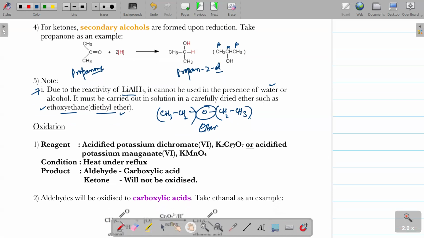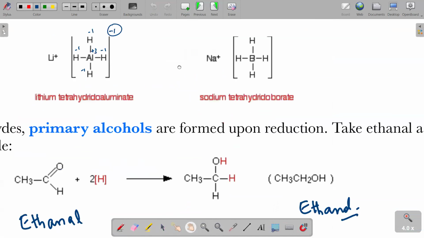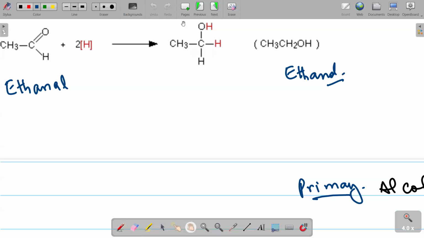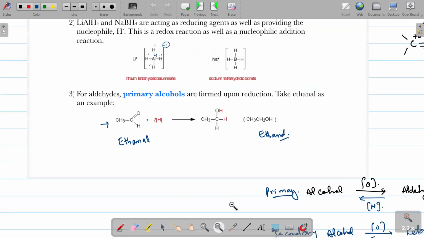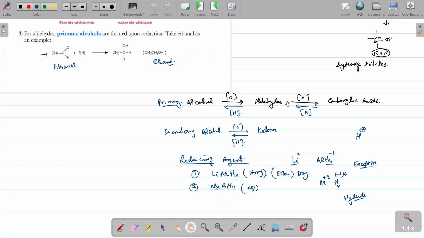Got it? Okay, as I said on the previous page, when we have aldehydes, on oxidation they give carboxylic acid.